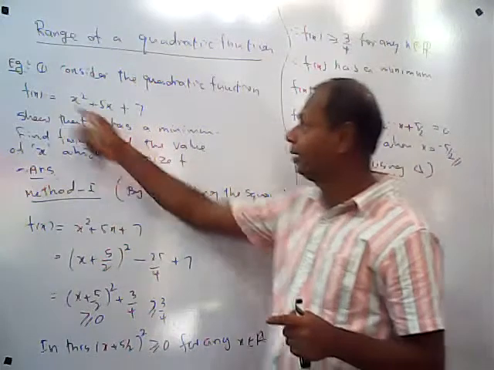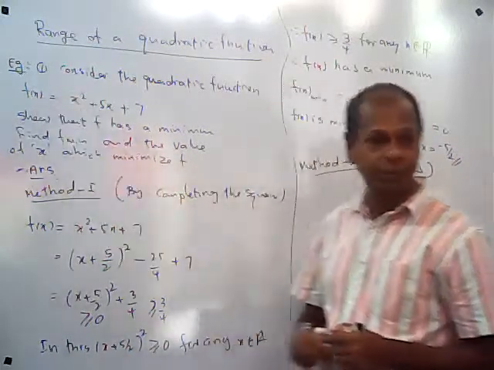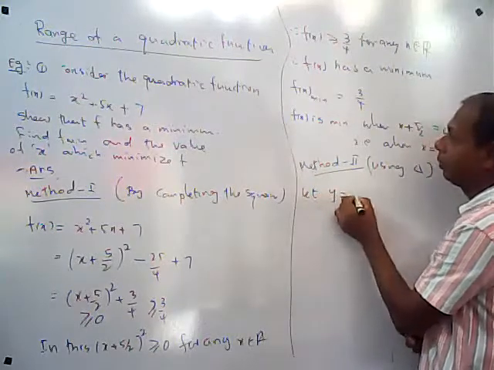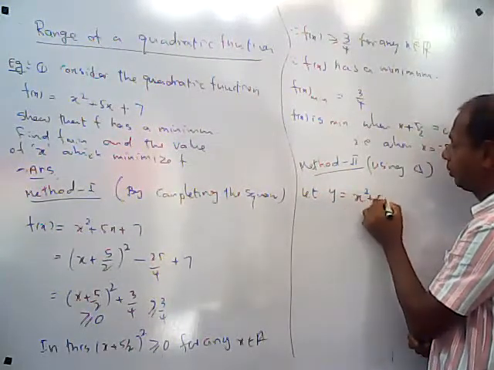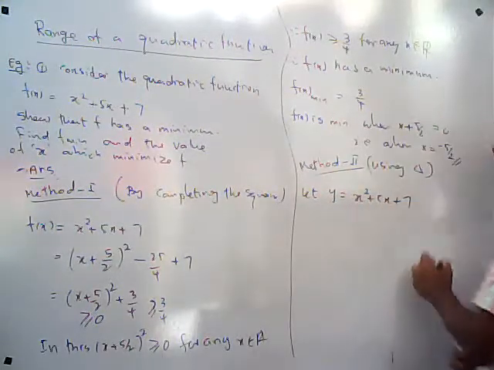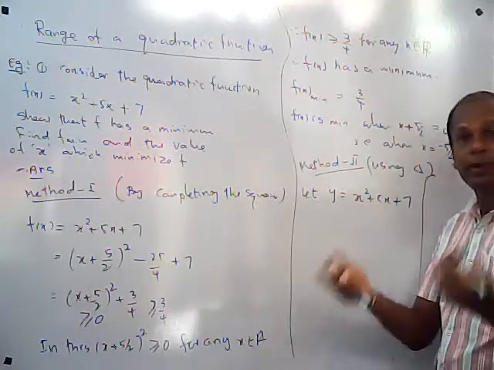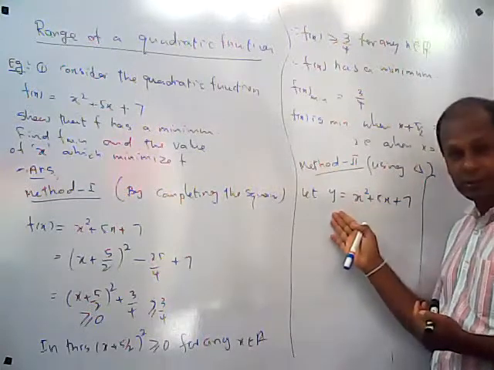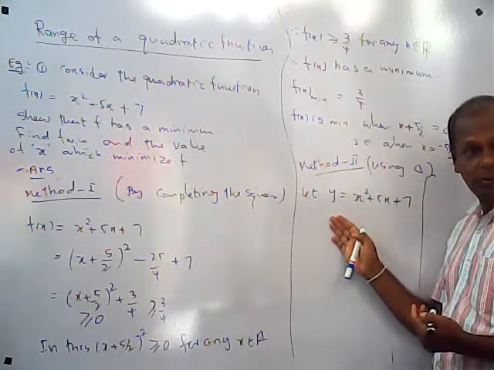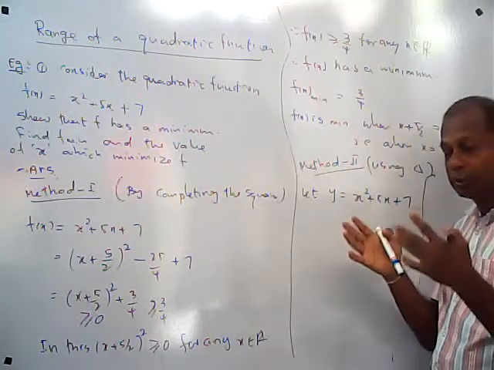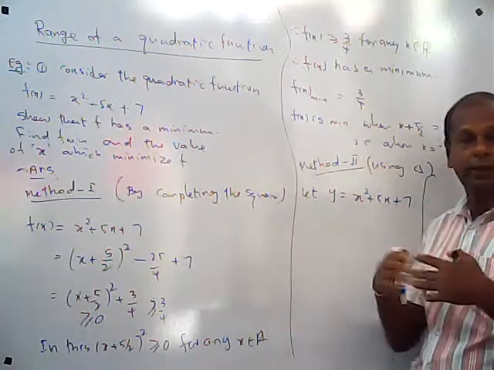For simplicity, I'll take some y. For this, y equals x squared plus 5x plus 7. Now delta you apply for an equation, not for a function. Delta is greater than or equal to 0, or less than 0. If you describe with delta, it is a quadratic equation, right?